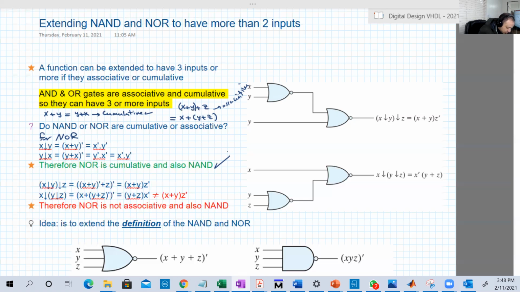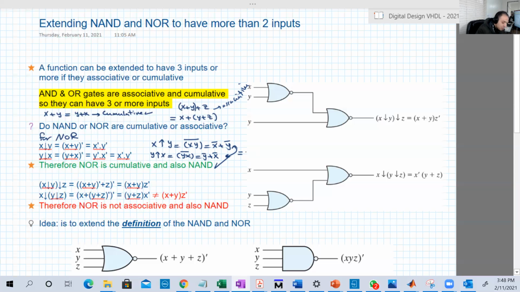For NAND, let's do it together. X NAND Y equals the complement of XY, which is X complement or Y complement. Y NAND X equals the complement of YX, which is Y complement plus X complement. And those are equal.